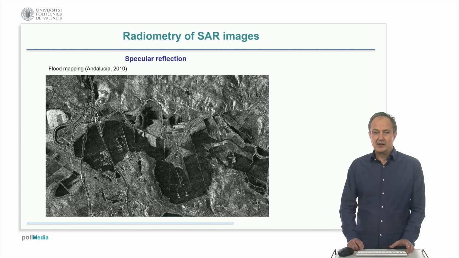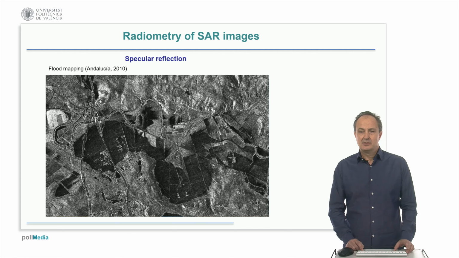Another application of SAR images based on the effect of specular reflection is the detection and mapping of floods. In these cases, the flooded area is detected due to the lower level of backscattered energy reaching the sensor. A great advantage of SAR images is that they are not affected by clouds and rain.